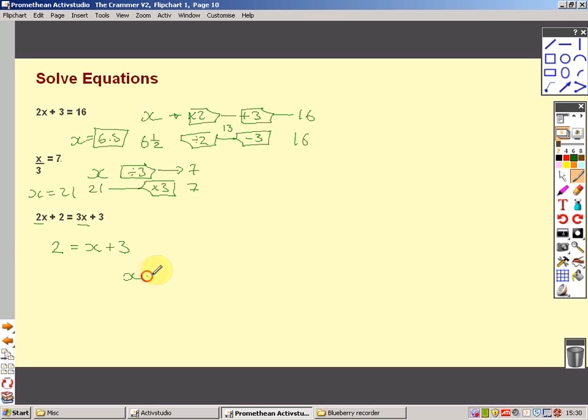So it's x, add the 3, gives us 2. So 2, subtract the 3, will give us minus 1. So it should work for x equals minus 1. That would be minus 2, add 2 is 0. Minus 3, add 3 is also 0.